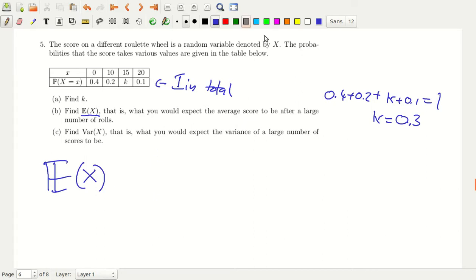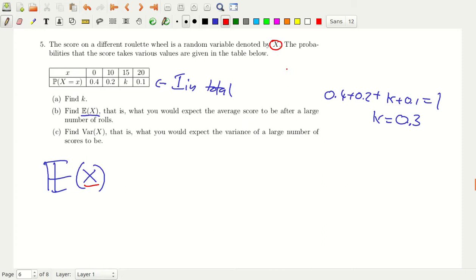Now, I'm going to pause. I'm just going to take a second to talk about this X and this same X here. Capital X here represents the score on the wheel after a spin. It's called a random variable, and capital X will take on different values for different spins of the wheel.